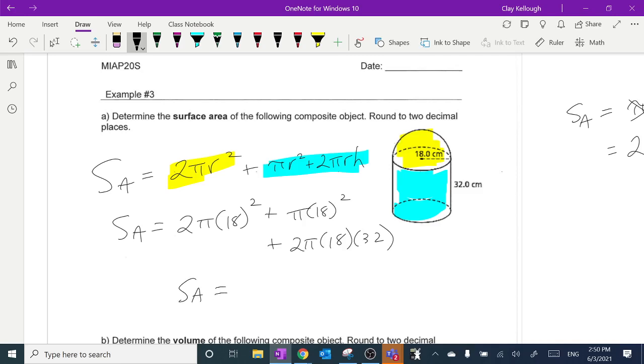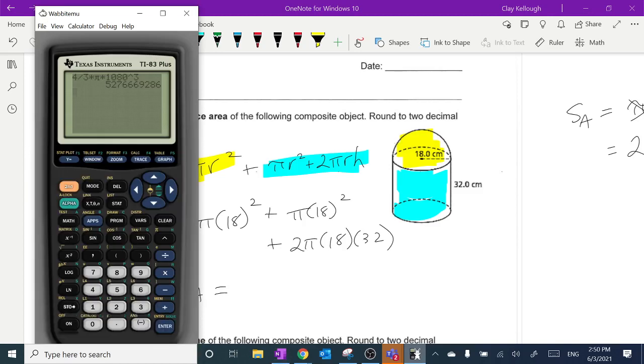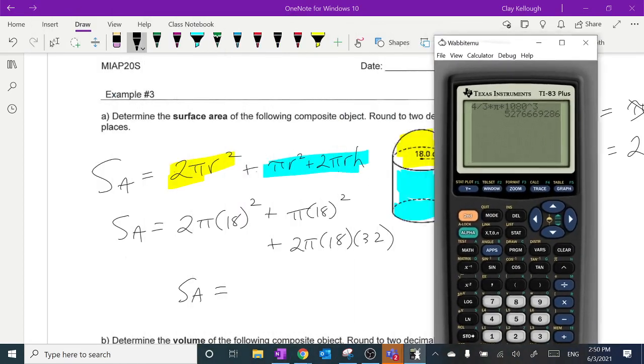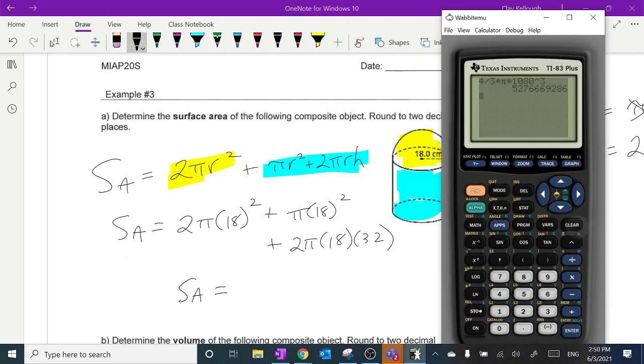So, we punch buttons. Come on, calculator. Oh, calculator's looking a little bit fuzzy there. Hang on. Clear. There we go. So, 2 times pi times 18 squared plus, I guess I could have said 3 pi 18 squared, but okay. I already started punching buttons.